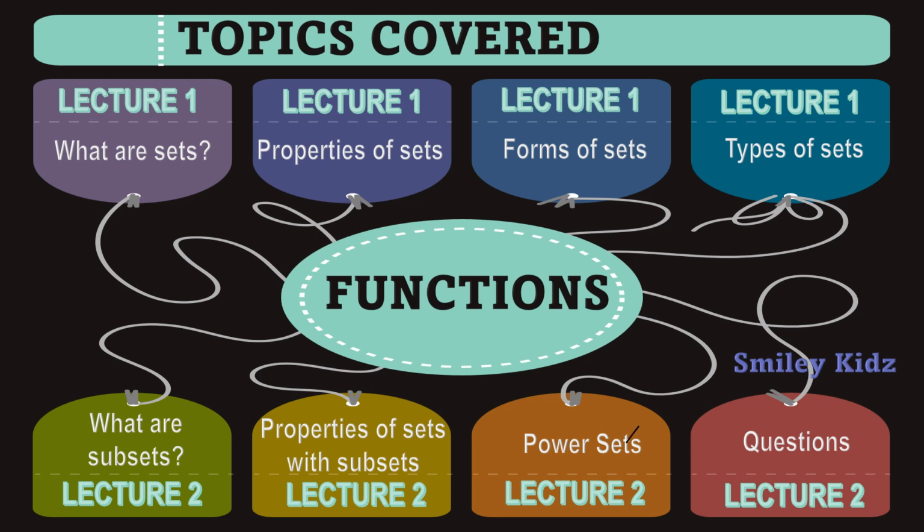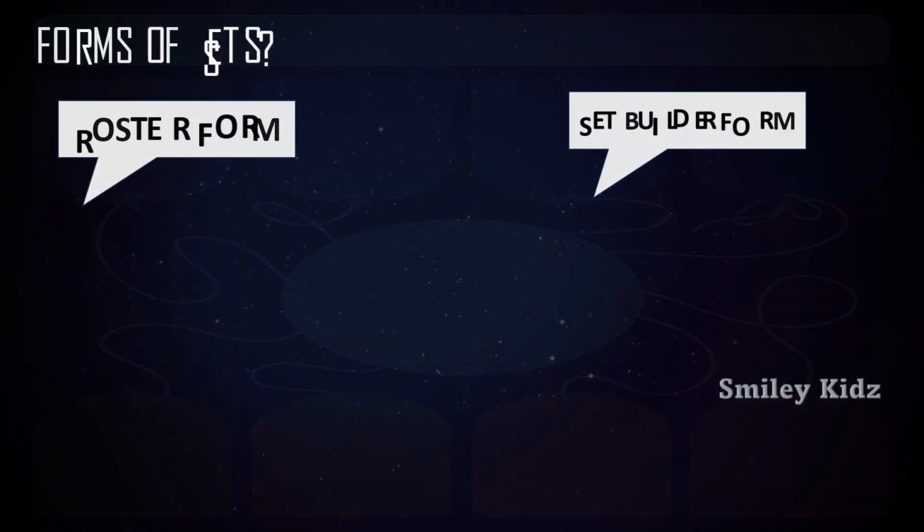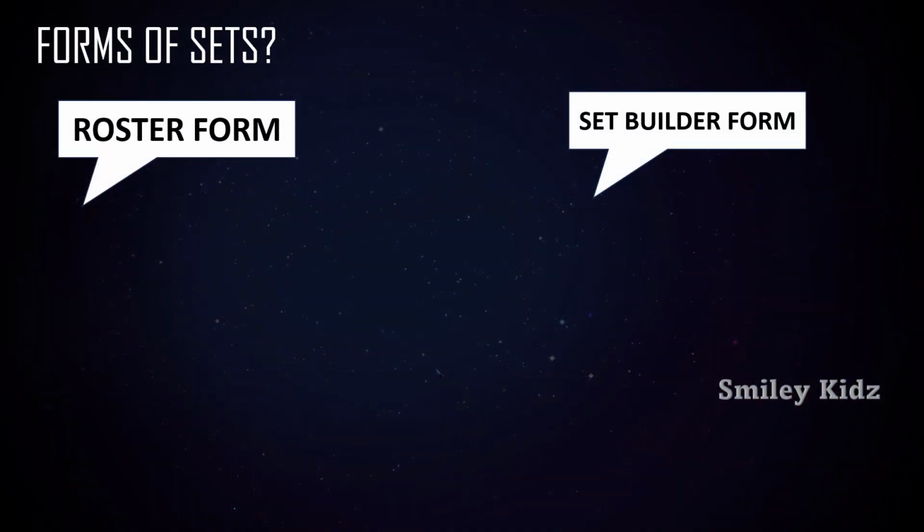Moving forward, we have the forms of set. Now we have two types of forms of sets. One is the roster form and the other is the set builder form. Well, if I need to talk about the roster form, it is the simplest form of a set.